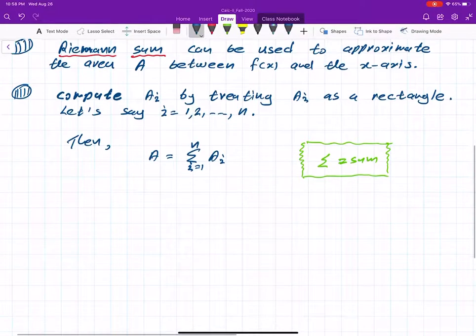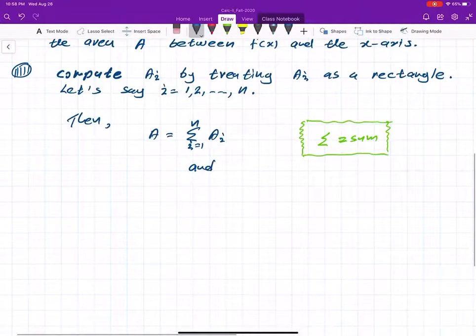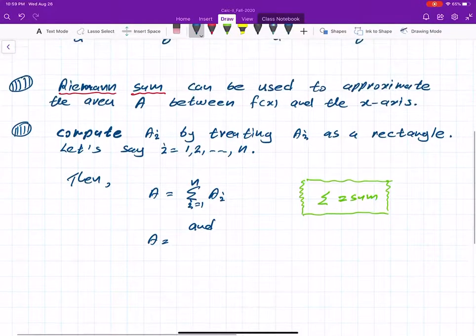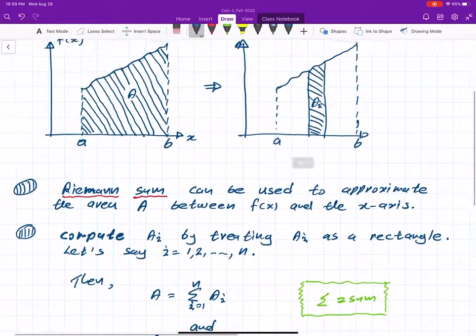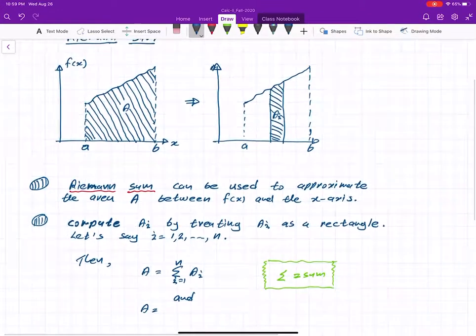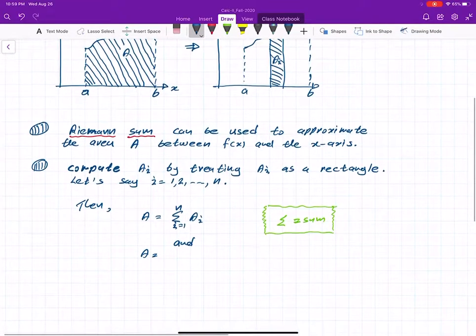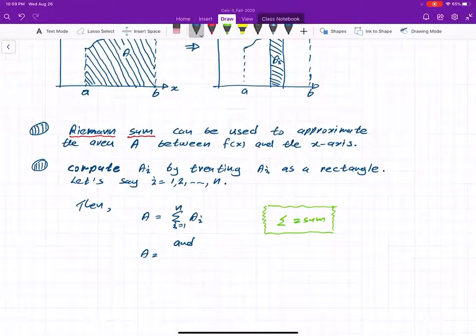Now I'm going to show you something very interesting. Wait a minute, I made a mistake here. It's a typo. Let me correct that. Actually, this is not equal.